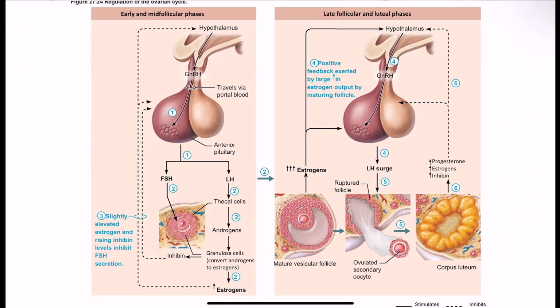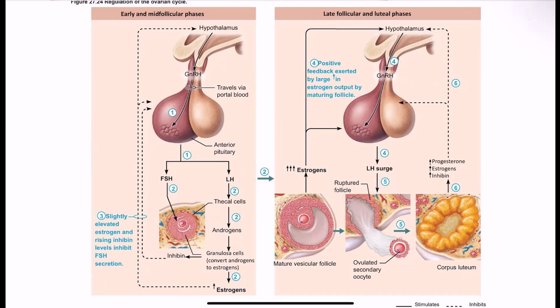FSH acts on the follicles, on those vesicular follicles, specifically on the cells surrounding that oocyte, on the granulosa cells. LH tends to act on those thecal cells. Remember that this will recruit a few follicles to avoid apoptosis.